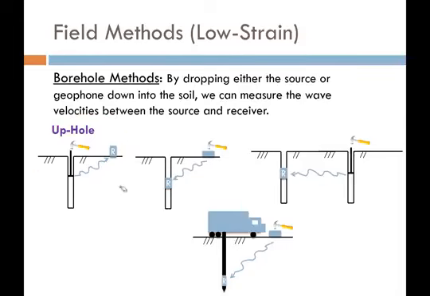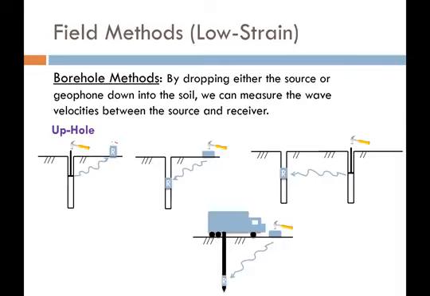This is where we're going to put our source down in the ground, and the source usually has these little pneumatic clamps that when you trigger them, they shoot out and press themselves really tightly against the boring wall. Then you have a rod that comes all the way up, and you start banging the rod with your hammer. What that's going to do is send these waves out in all directions from the source where it's touching your wall.